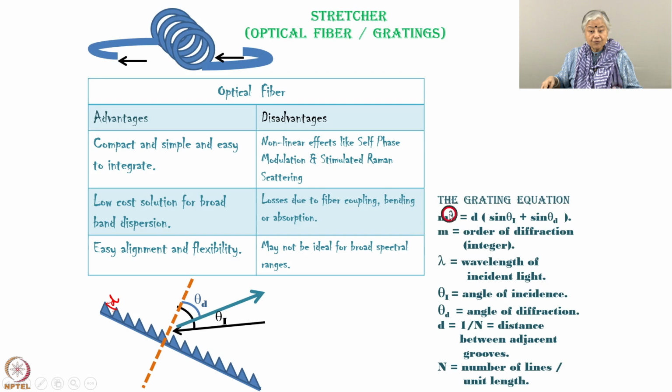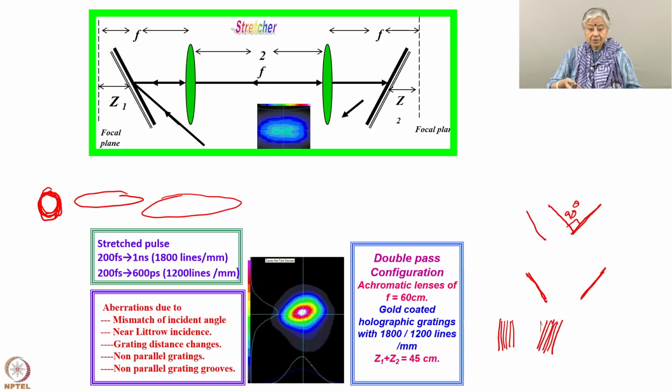So, for a particular wavelength, say a yellow frequency within that bandwidth, if d is large, then sin theta d becomes small. So, theta d is also small. That means with a large groove density, you get larger diffraction.